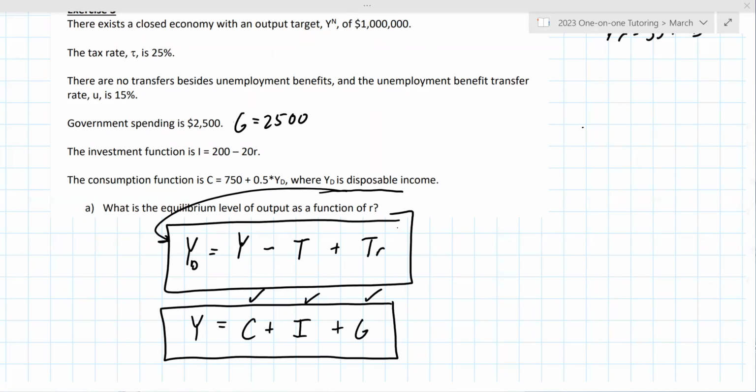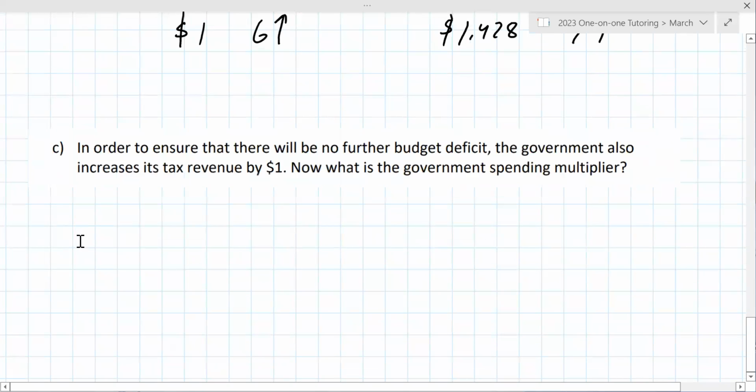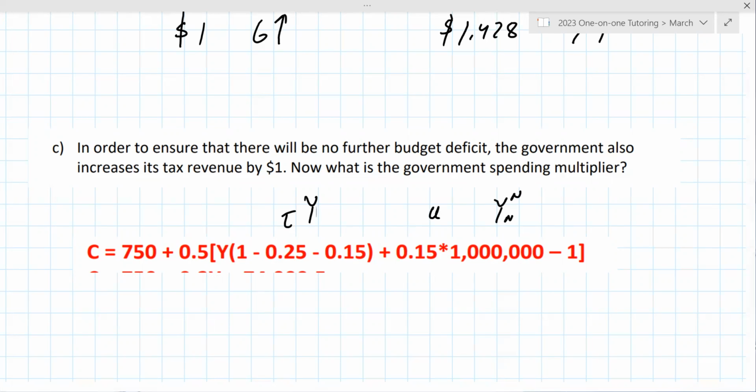So let me show you that here. They're subtracting 1. So this was yn, and this was u, and they're subtracting 1 from this transfer payment, which isn't what this says right here. The tax revenue I thought came from tau times Y. I would think it would be there, but they're not doing that.